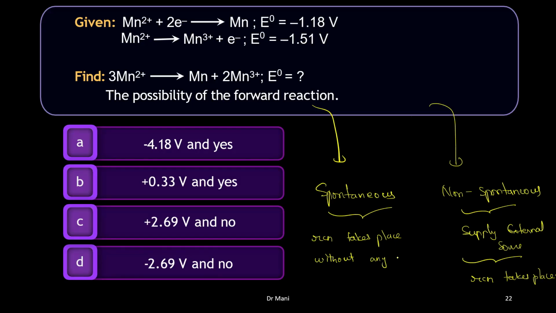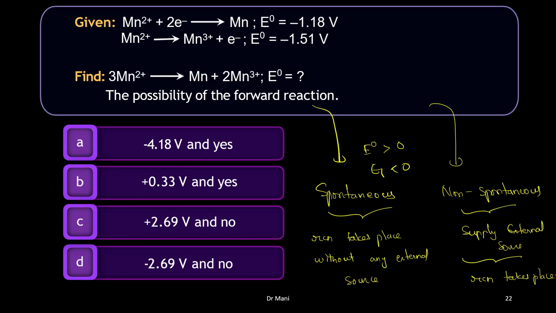So when will the spontaneous reaction happen? When the Gibbs energy is negative or E naught is positive. Yes or no?